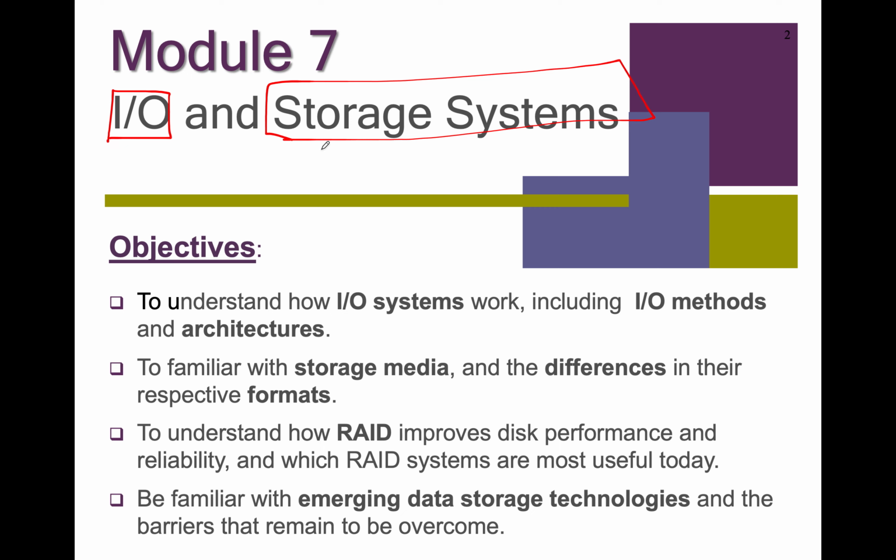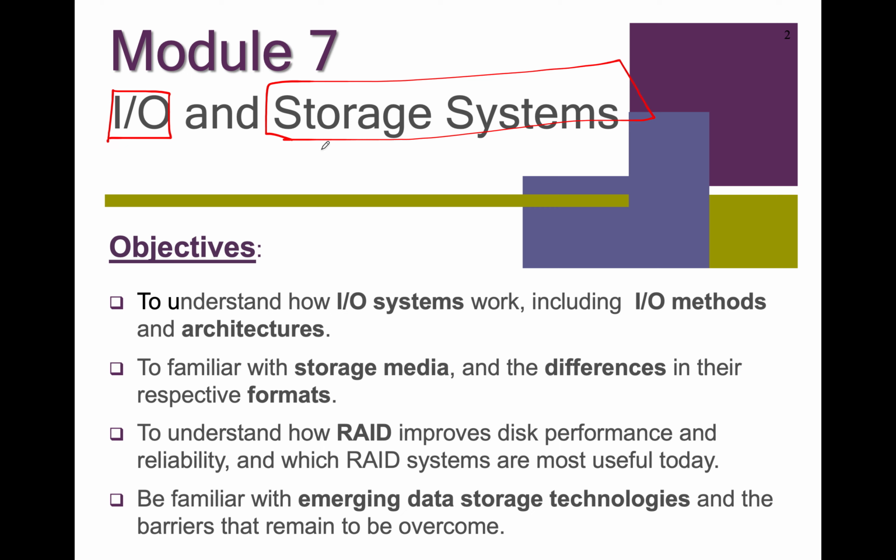So all computers have input output devices. If you still remember, at the beginning of our study we already looked at the process of a computer. There are four processes or elements for your computer.